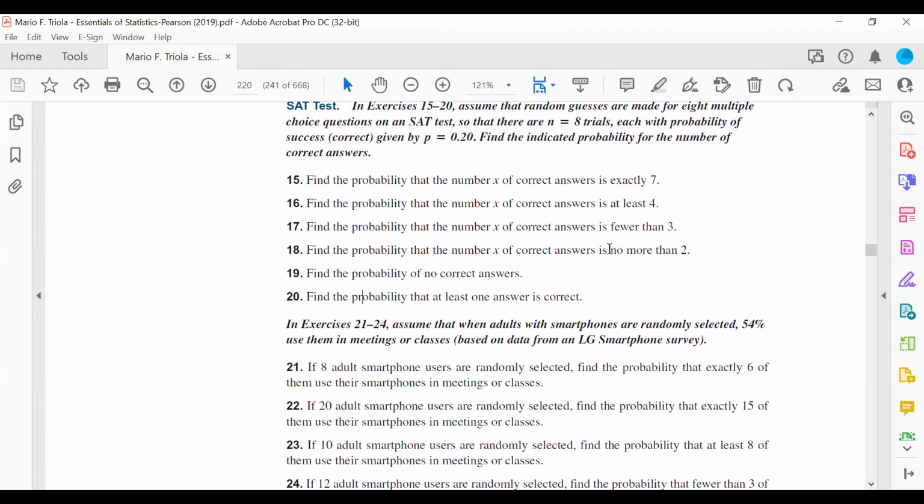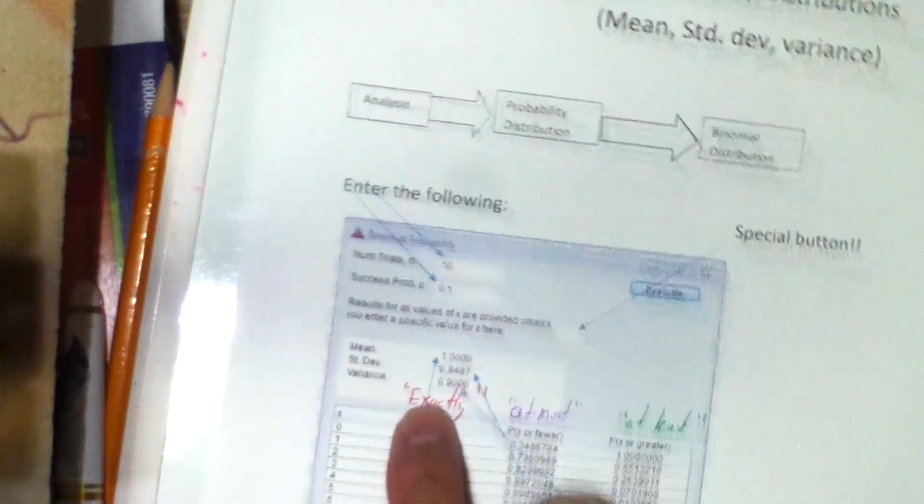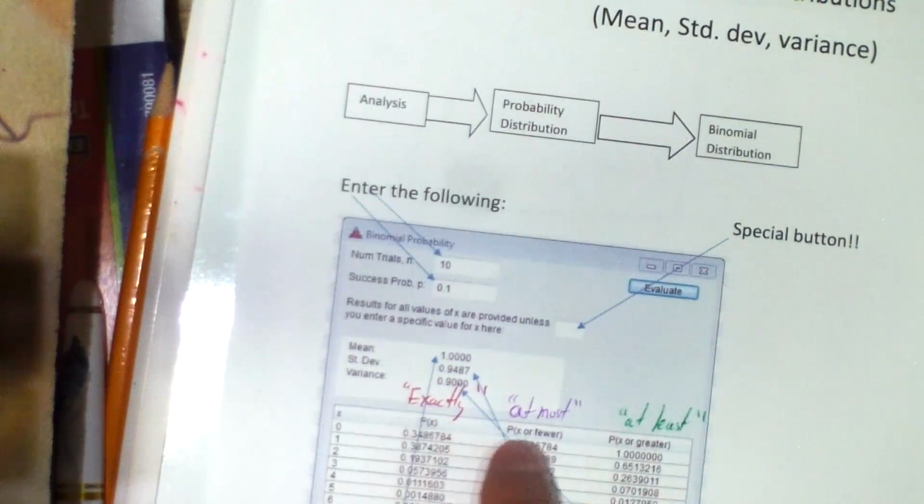I don't see no more than 2 on my handout anywhere. It doesn't have exactly or at most, and it doesn't have no more than 2.